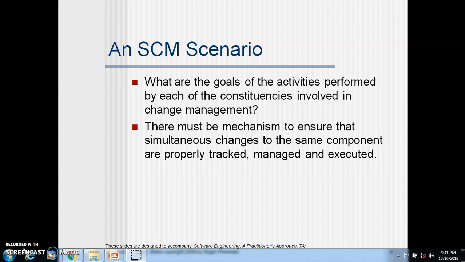Mechanisms exist to ensure that for components that undergo simultaneous changes, there is some way of resolving conflicts and merging changes. A history is kept of the evolution of the components of the system along with a log with reasons for changes and a record of what actually changed.